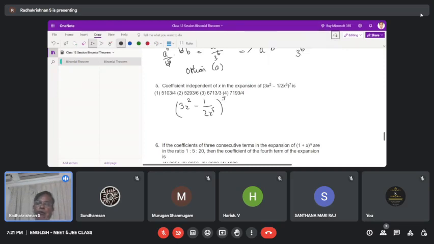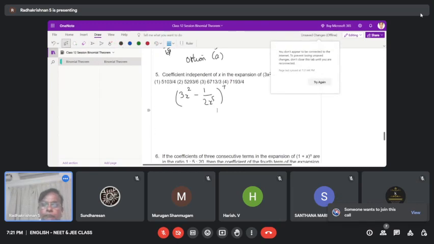So apply the formula for tr plus 1 and find out the coefficient of the term independent of x. You try it; I will also do it. Let's see. You keep doing it independently.